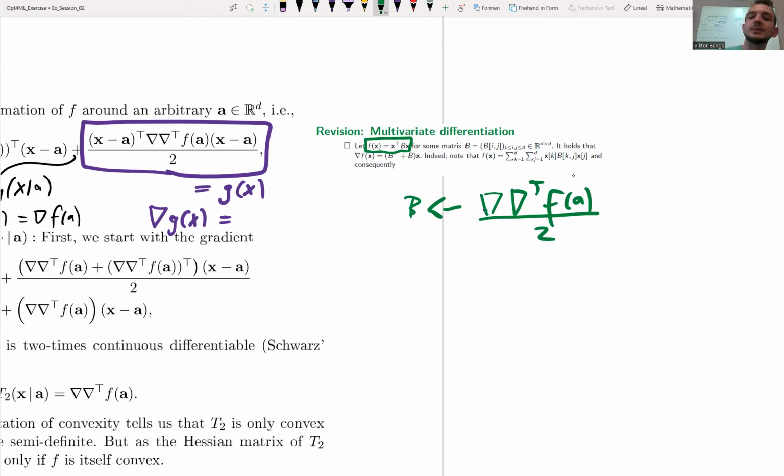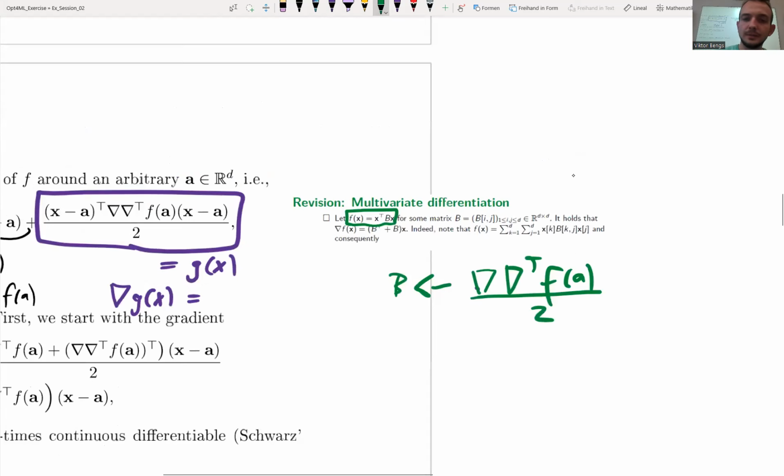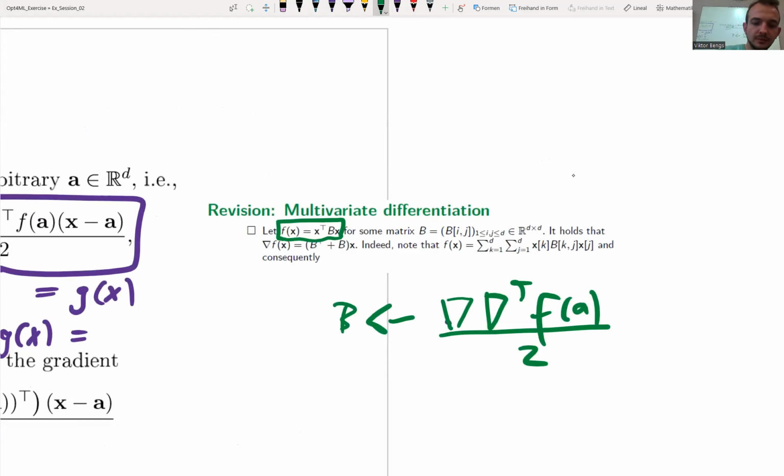And what we see is that the gradient of such a quadratic form will be b transposed plus b, and then the x.